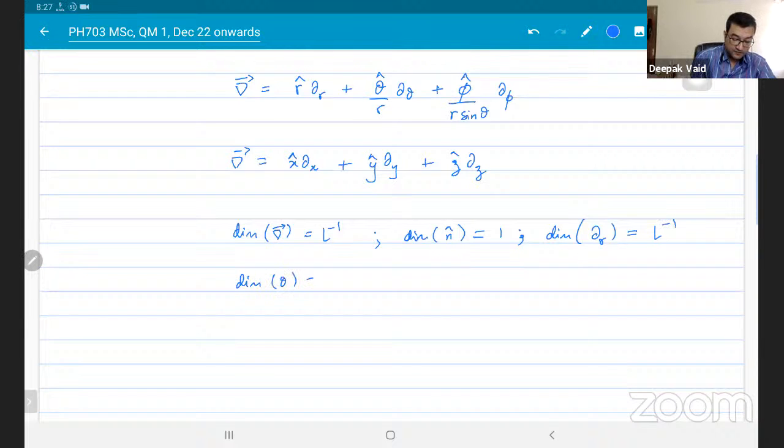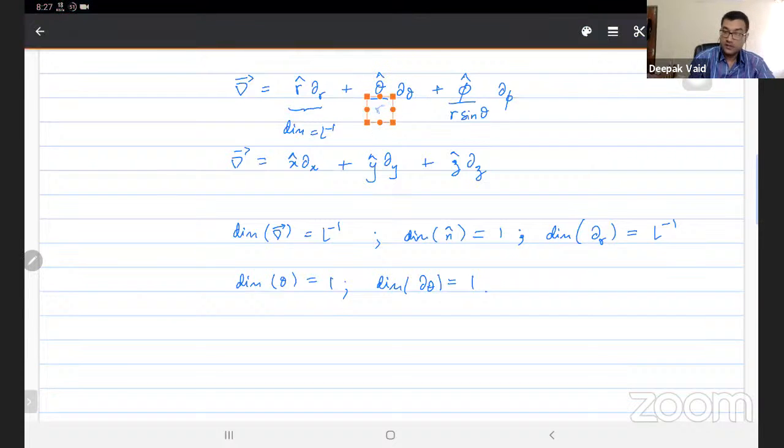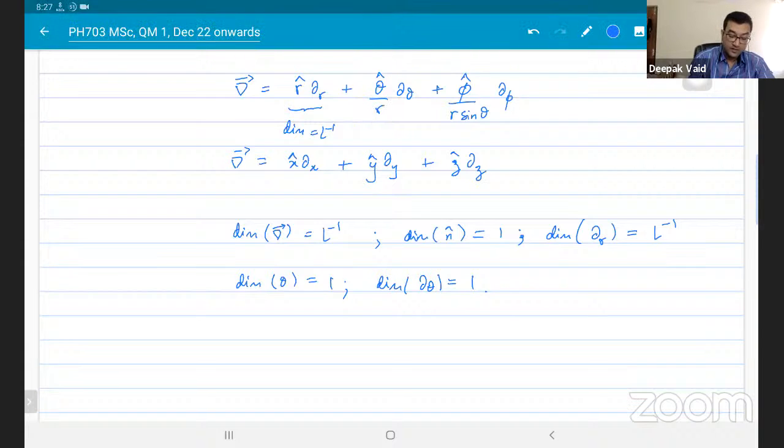The angles are dimensionless, so the derivatives with respect to the angles are also dimensionless. So in order for this term to have dimension L inverse, you have to put a 1/r factor here. Same thing for the φ term, but in addition, you have to put a sinθ term. Why is this sinθ term needed?